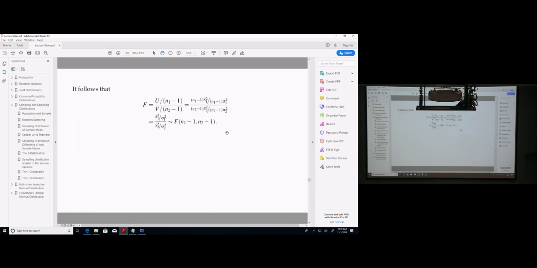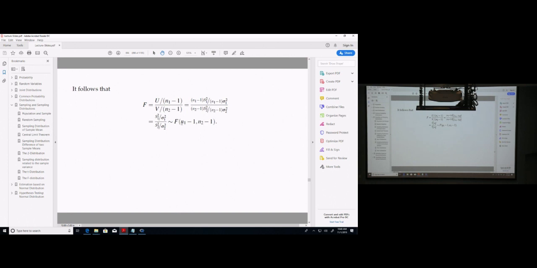Now the F distribution is a bit tricky because you have to keep track of two numbers. For the T distribution, you have to keep track of one degree of freedom. For the chi-square, you also have one degree of freedom that you have to keep track of.